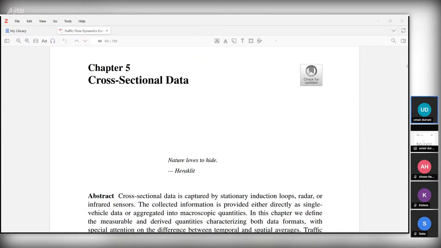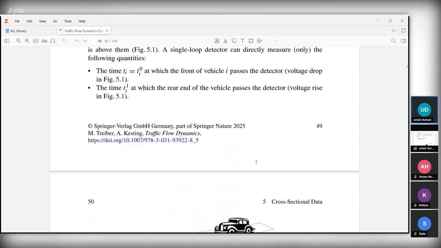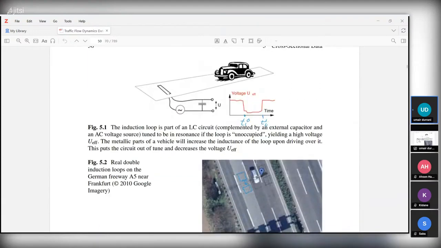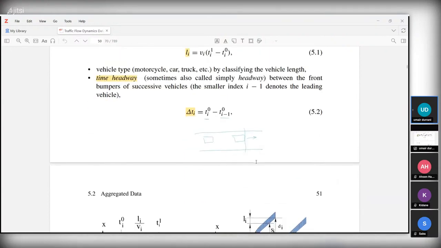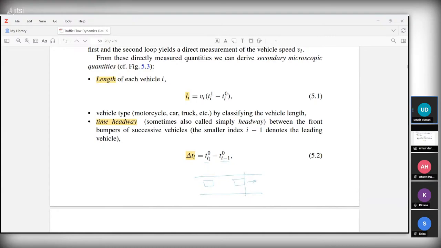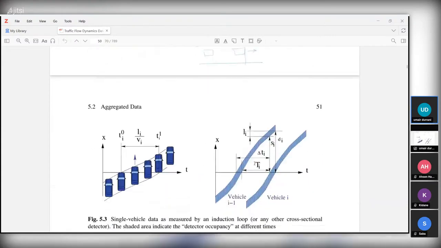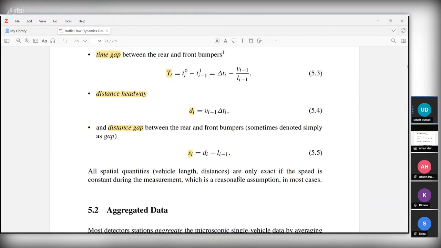Let's start. In the cross-sectional data chapter, we have discussed the different microscopic single vehicle data as well as the macroscopic data that is provided by the detectors directly. In the microscopic single vehicle data, we have information about the length of the vehicle, the time headway, delta t_i, not to be confused with delta T, which is the aggregation interval, then time gap, distance headway, and distance gap.